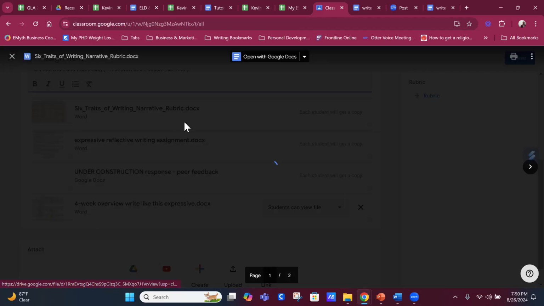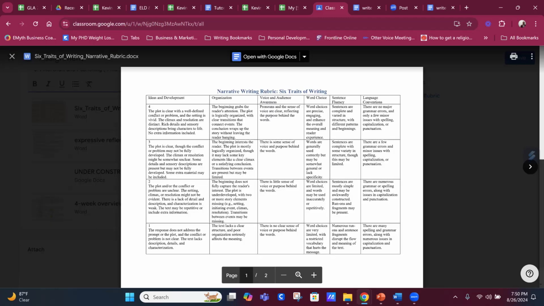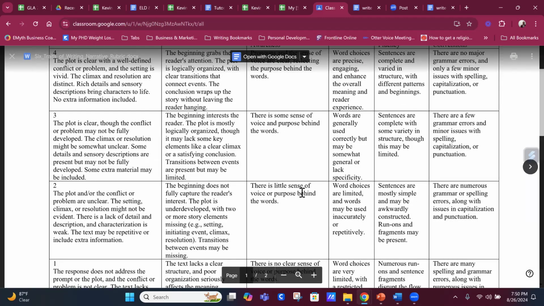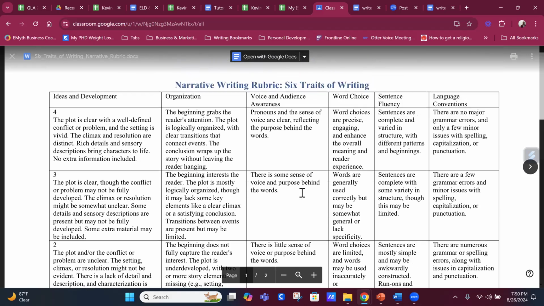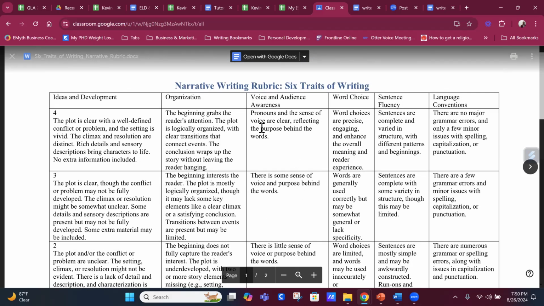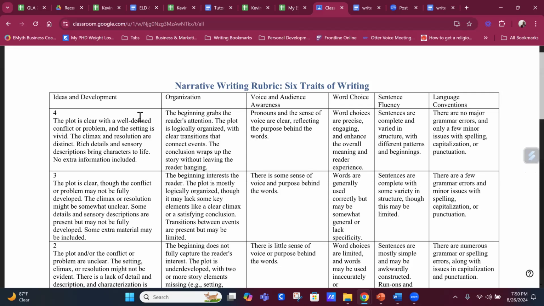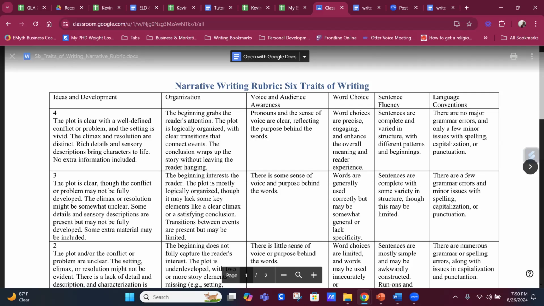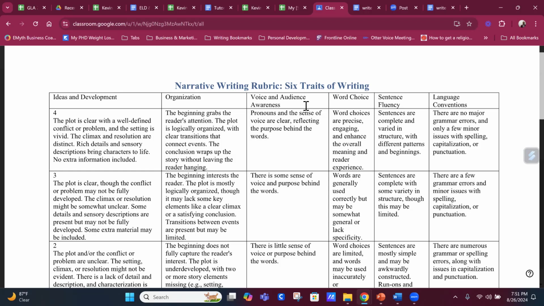And then finally, we have for the writing assignment the rubric itself. We always want to think about the 6 characteristics or traits of writing: language conventions, sentence fluency, word choice, voice and audience awareness, organization, ideas and development.